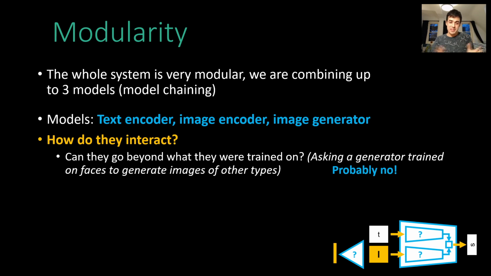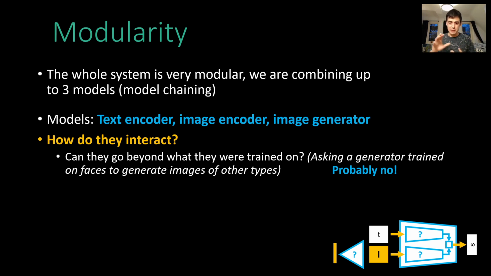There are two interesting moments. One is, what if we are asking, by giving the prompt, the text sentence, something weird from a model which is able to generate images of, let's say, just faces. So what if you ask not, hey, I want a face of a vampire, but I want a tomato? Will this CLIP model be able to convince this generative model to generate an image of a tomato?